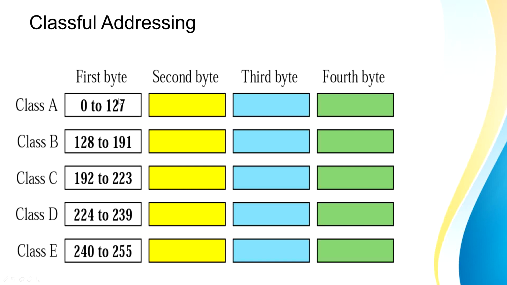Every IP address is divided into 4 bytes. Each byte is going to be of 8 bits और हर एक byte में होगा एक number. So that number is going to be in the range of 0 to 255. और कौन से address को belong करता है वो IP address, कौन से class को belong करता है वो अगर find out करना है, then we have to focus on the first byte of every address.